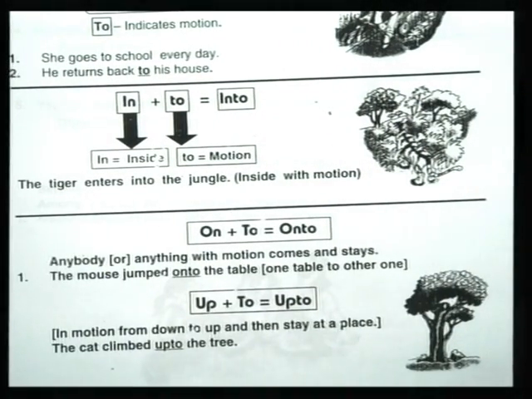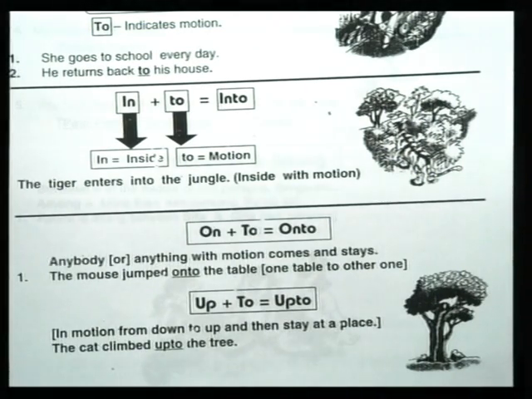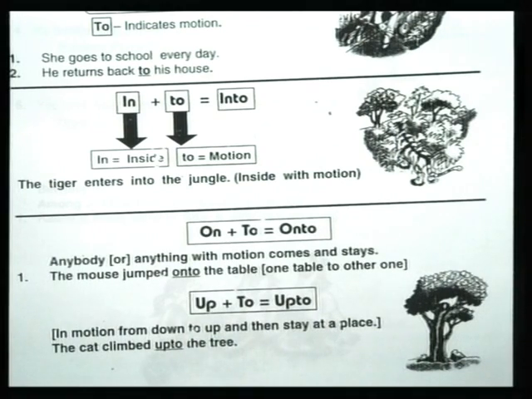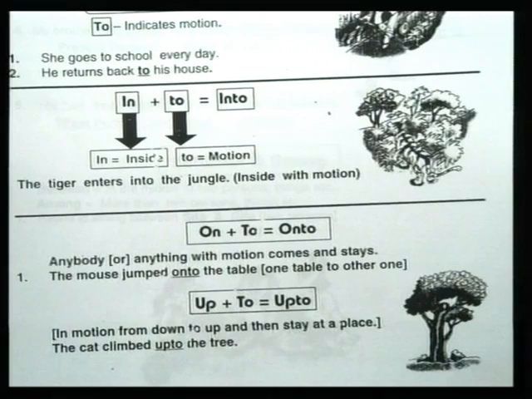Now, the next preposition is up to. The motion from down to up and then stays at a place. The cat climbed up to the tree.